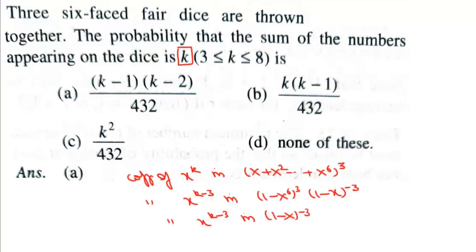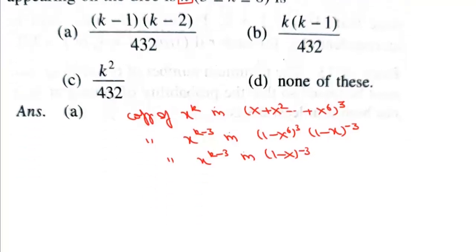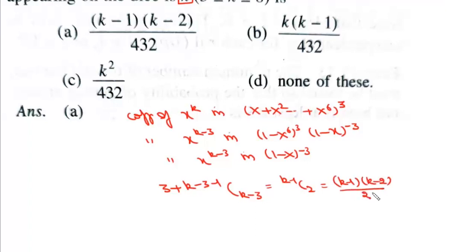Now coefficient of x to the power r in the expansion of (1 minus x) to the power minus n is given by n plus r minus 1 C r. So it will be k minus 1 C 2, which is (k minus 1) into (k minus 2) whole divided by 2, and that's your favorable cases.